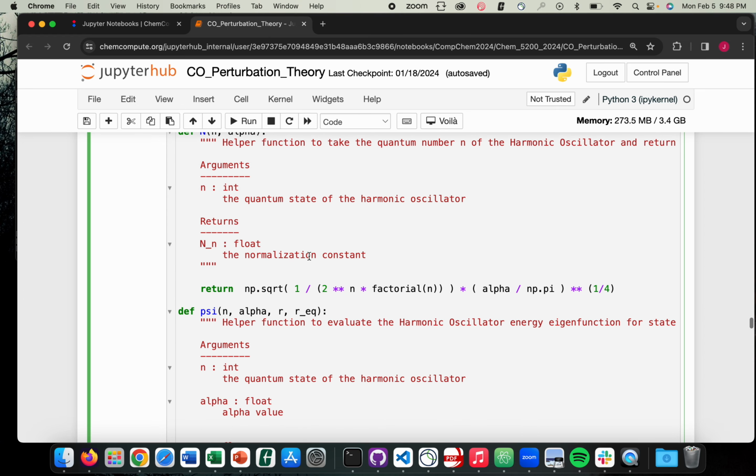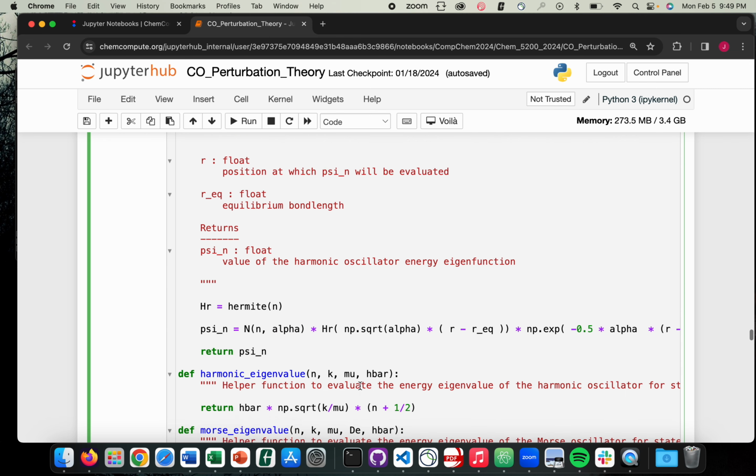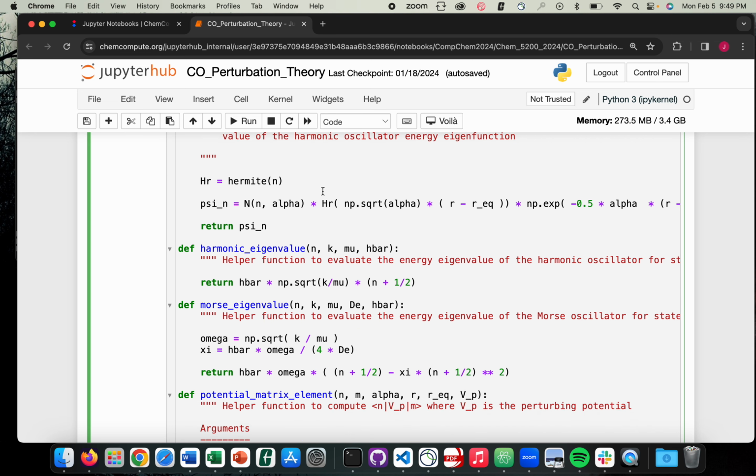The normalization constant was computed using this helper function, which was already written for you, multiplied by that callable Hermite polynomial, which is going to be taking as an argument square root of alpha times r minus REQ.